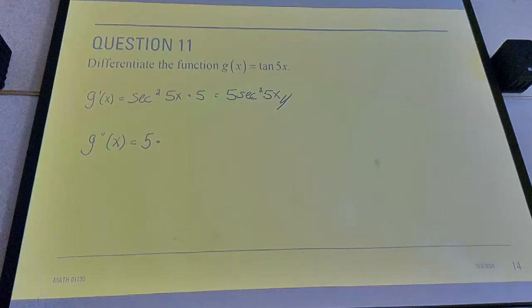Now you go, okay, what did you multiply by? What is that function? What kind of function? That's power. So power rule. But what was raised to a power? What is the derivative of secant?